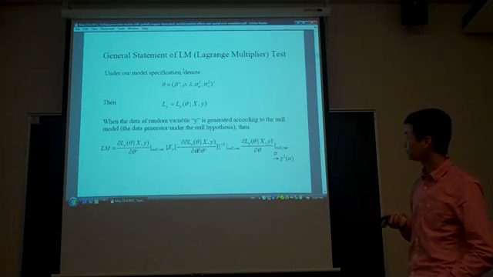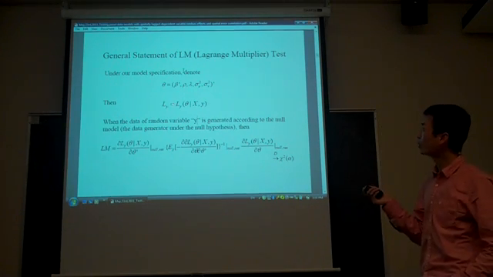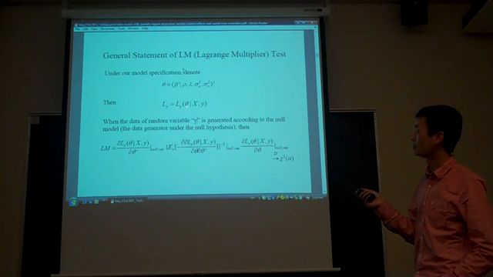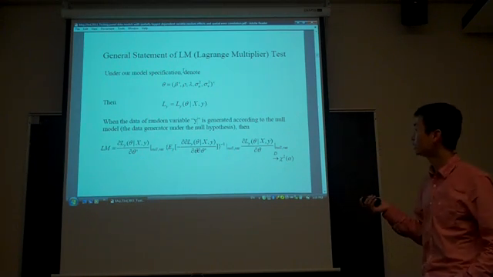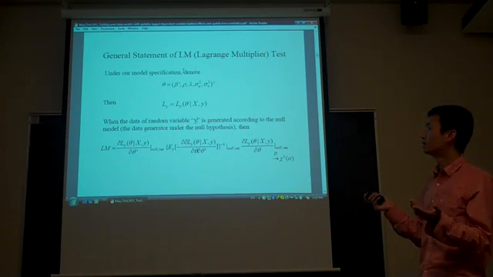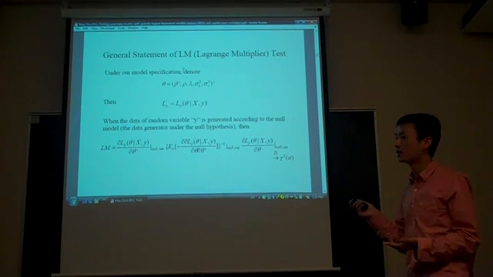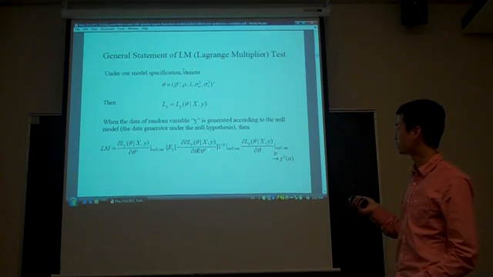So in general, the statement of the Lagrangian multiplier test is saying that, okay, we have this log-likelihood function for any given x and y. We want to find the parameter vector which can maximize this log-likelihood function. So if the data of the random variable y is generated according to some null model, or the data generator is specified under the null hypothesis, then we can construct this test statistic using this formula.